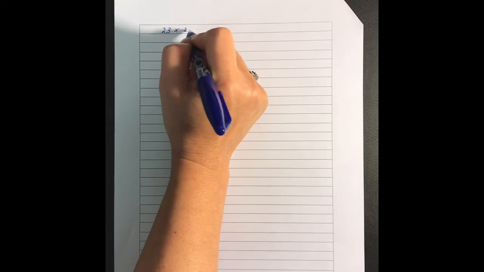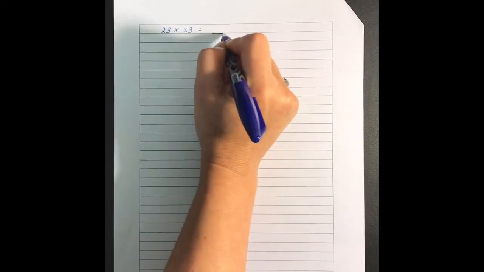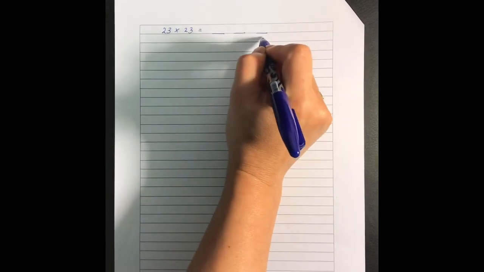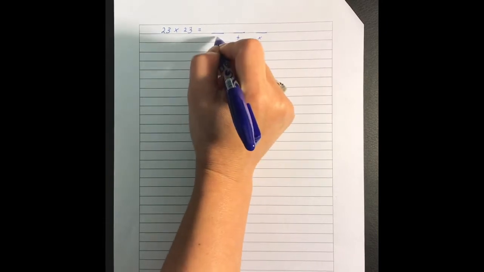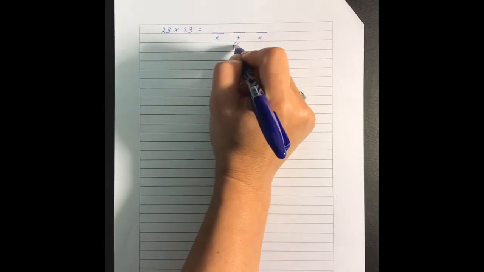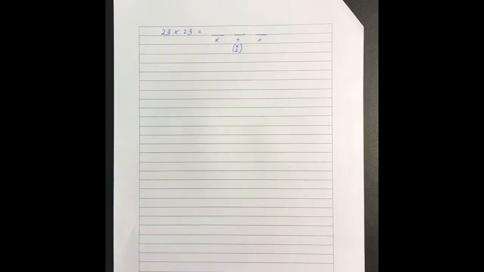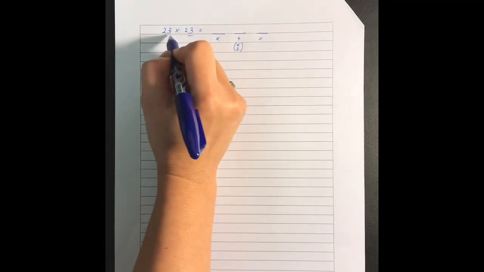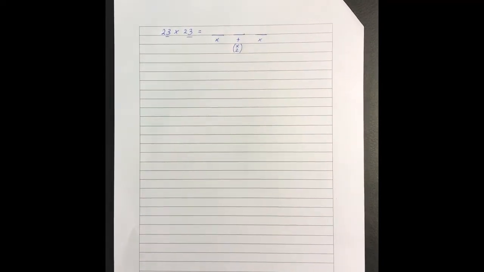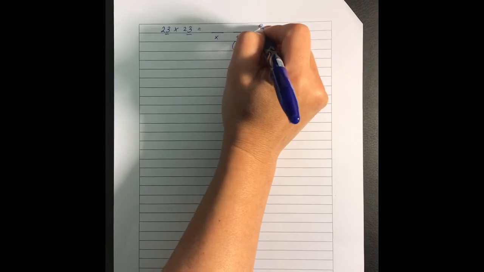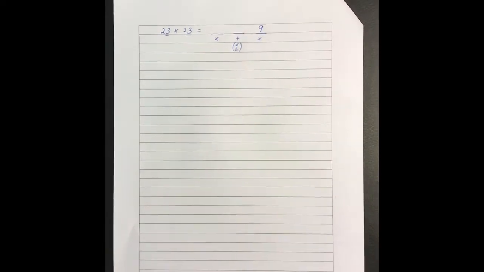Well, let's have a look at 23 times 23. So I'm going to put that in like that, plus times. And of course, I'm going to have to remind myself, times by 2. Okay, so let's have a look at this. 3 times 3 is 9. All right, not a problem. 3 plus 3 is 6.